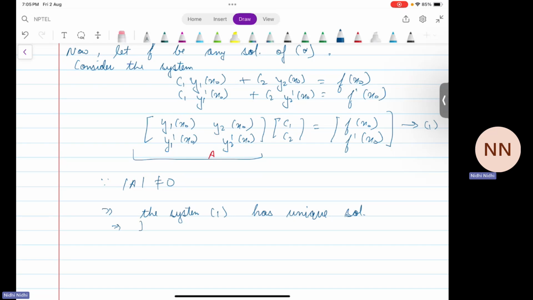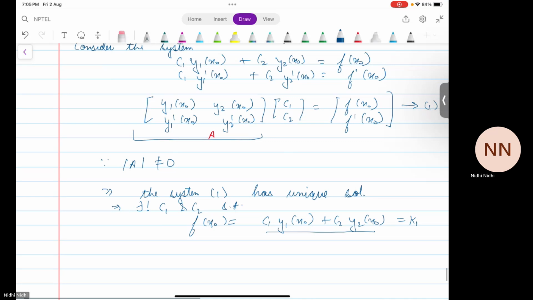This implies there exist unique C1 and C2 such that f x naught is equal to C1 y1 x naught plus C2 y2 x naught. Now this is a fixed real number. I will take it as k1. And f dash x naught is equal to C1 y1 dash x naught plus C2 y2 dash x naught. I will take it to be k2.